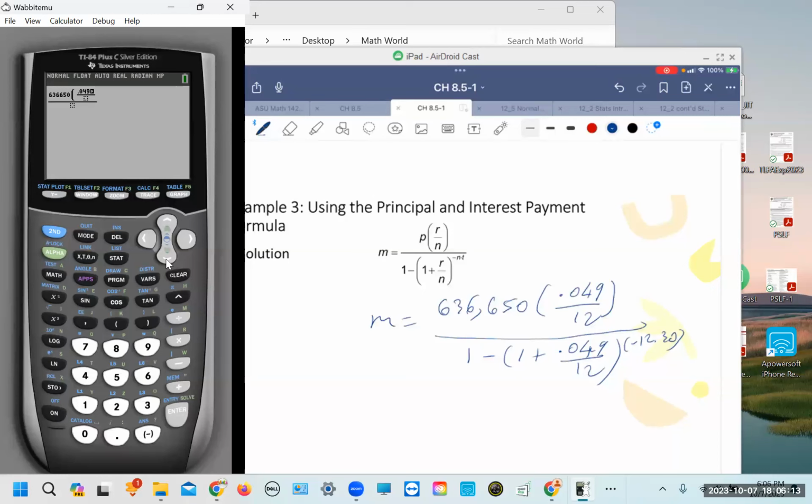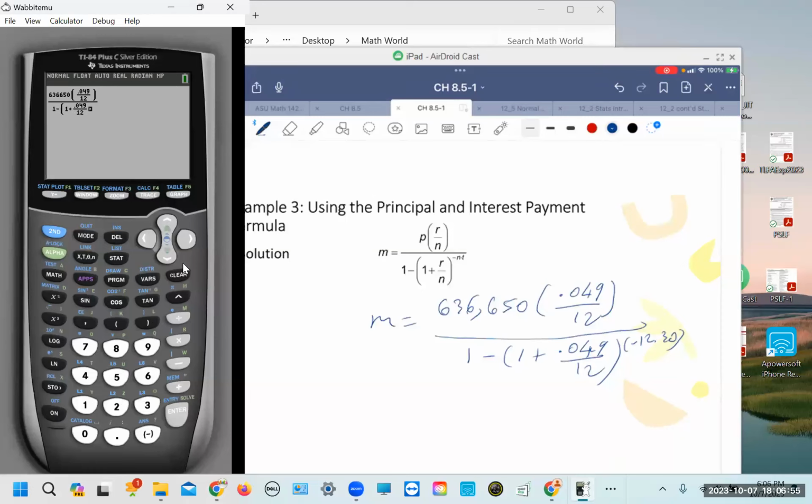0.049, and I go down to 12. So 1 minus, and I open parenthesis 1 plus, and with the fractions again, 0.049, make sure it enters correctly, and 12.